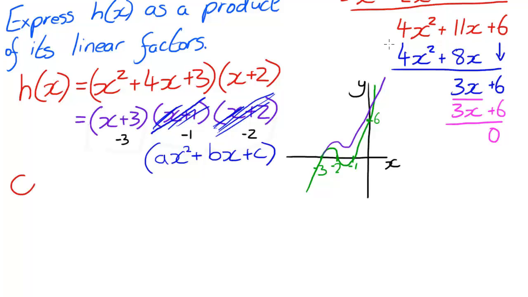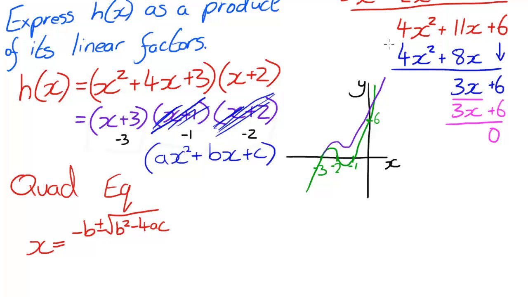I'm going to bring in the quadratic equation, which is x is equal to minus b plus or minus the square root of b squared minus 4ac, all over 2a.